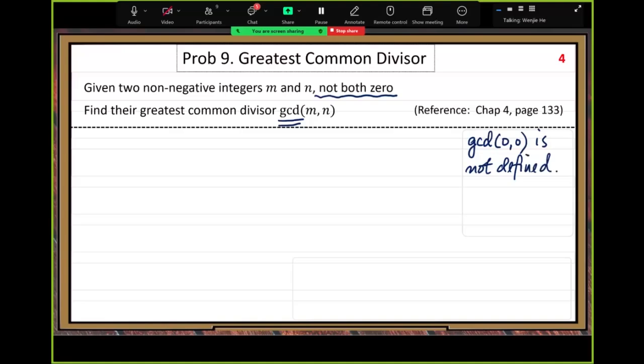Can you see why? You cannot choose any number for it. It's impossible to make it equal to any integer. Definitely you cannot say it's 0. You cannot choose any integer as the answer of this function. That's the reason it is not defined.